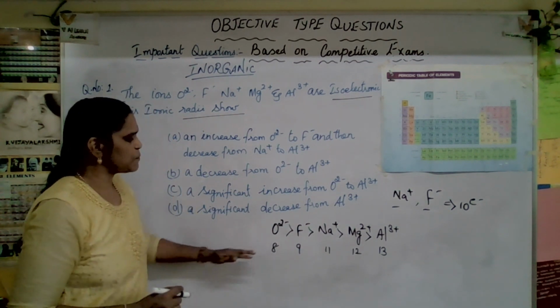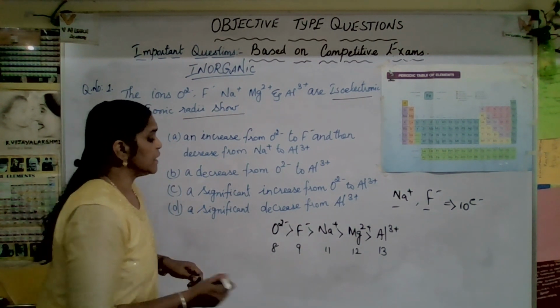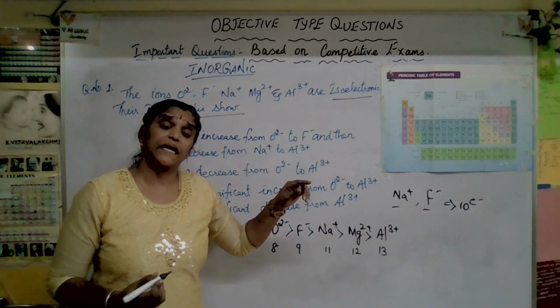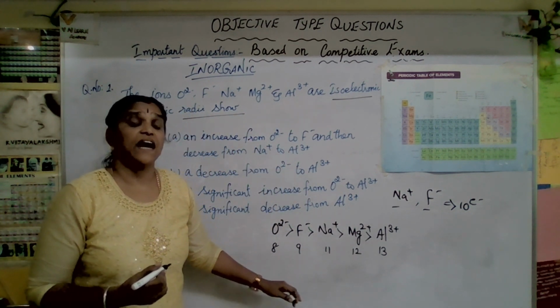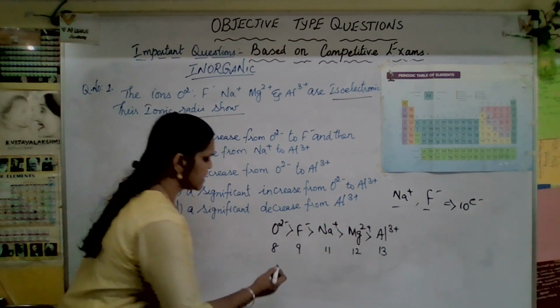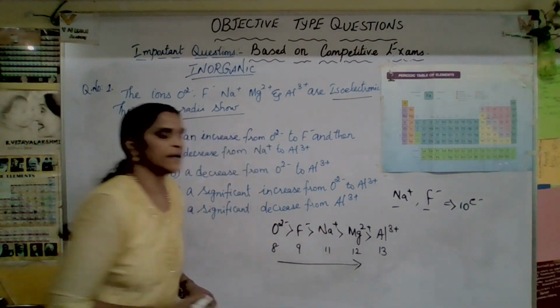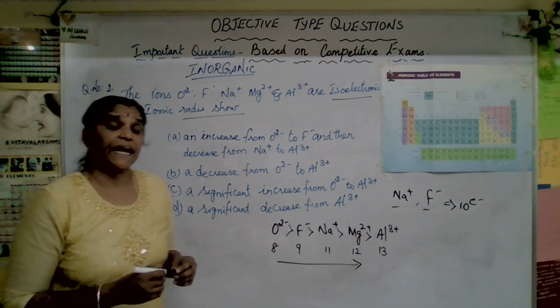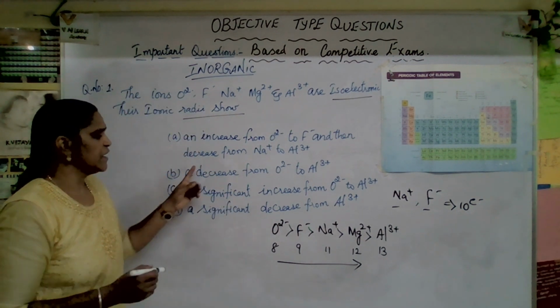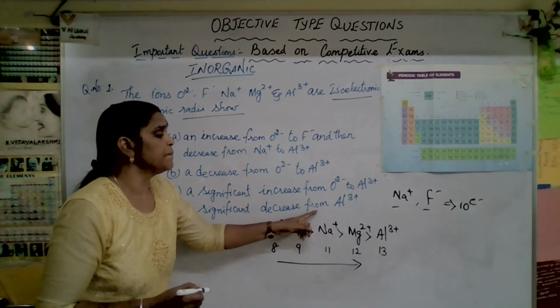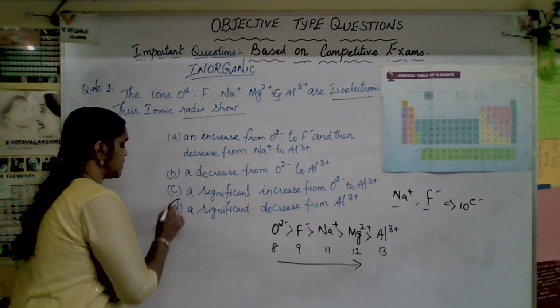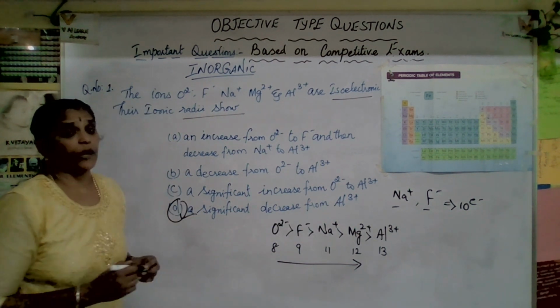So ionic radii decrease as the atomic number increases. Which is the correct answer, do you think? A significant decrease from O2 minus to Al3 plus. So D is the correct option.